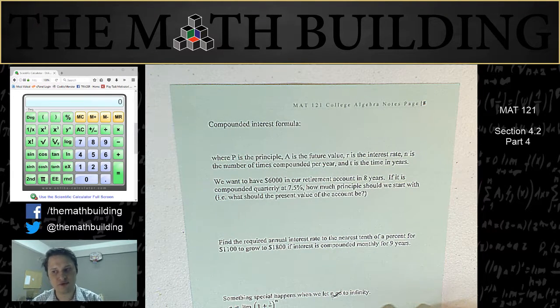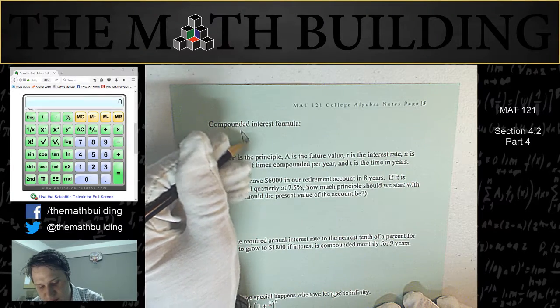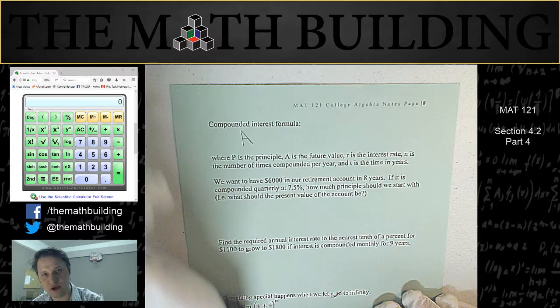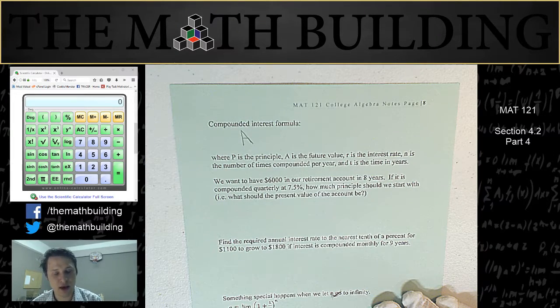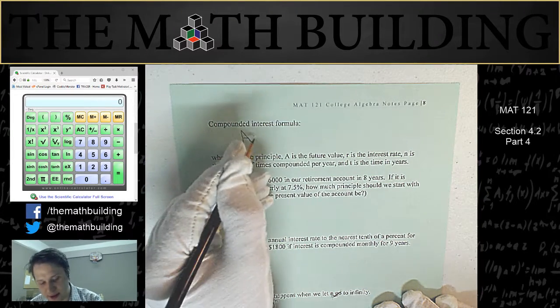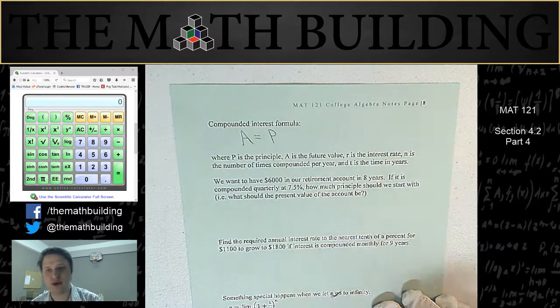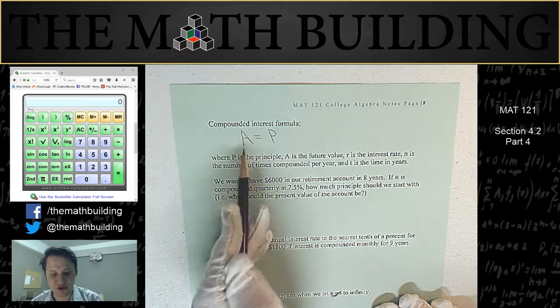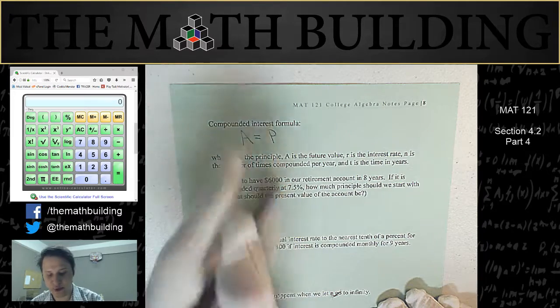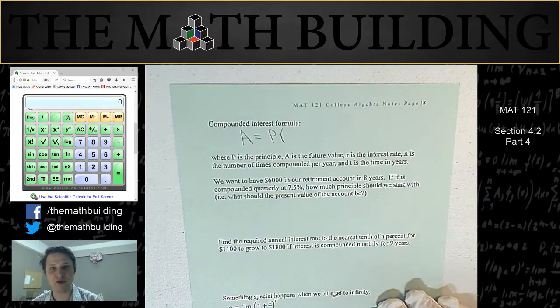So this is a very important formula and you should memorize it. And that formula is the future value of your money. So you put some money into a bank account. The future value of your money, which is A, is based on the amount of money you started with, which is your principal. So the future amount of money is equal to your principal times a multiplier.